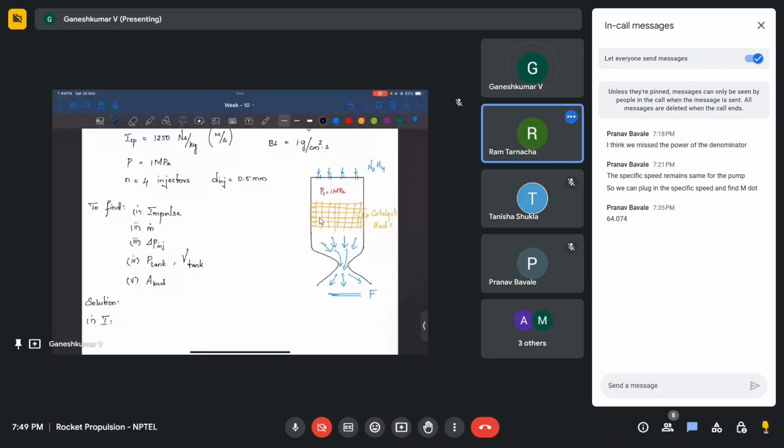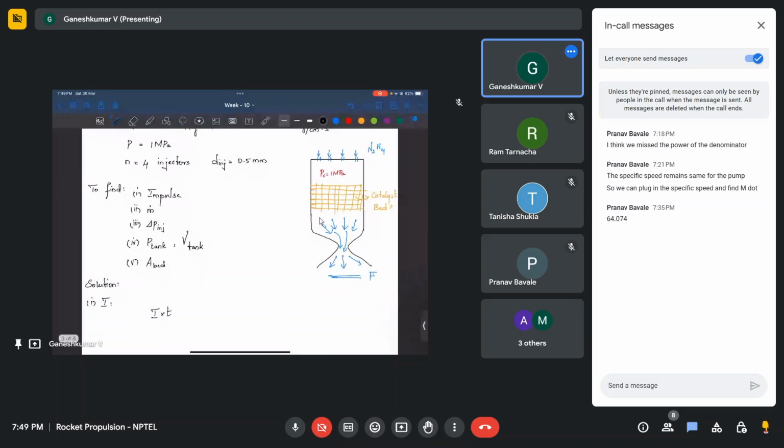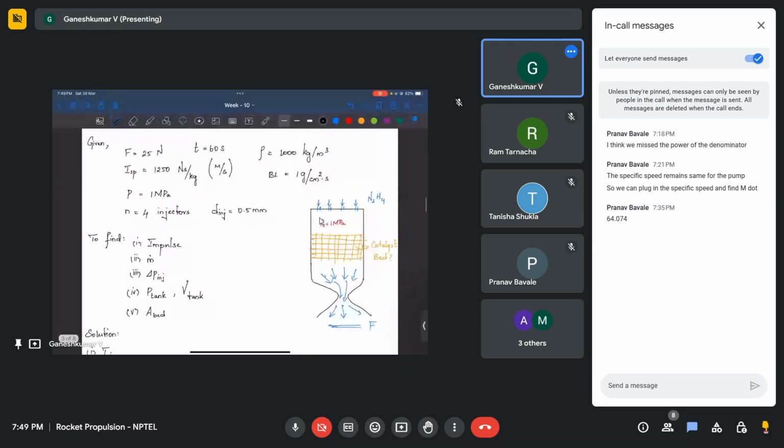Okay. It's nothing but equal to force, right?